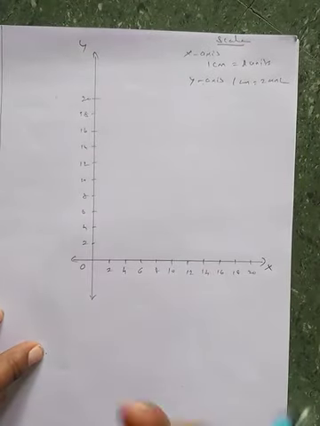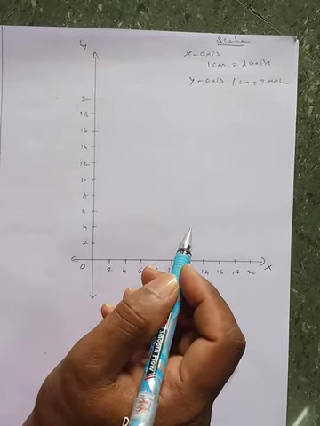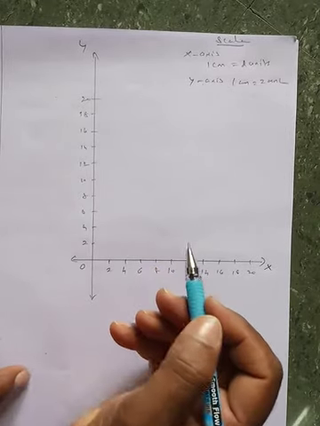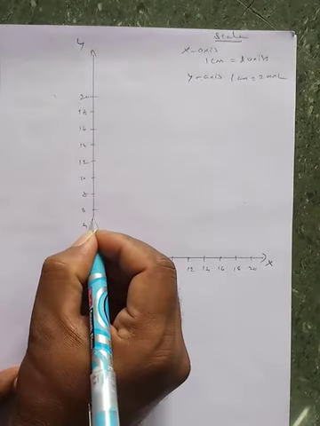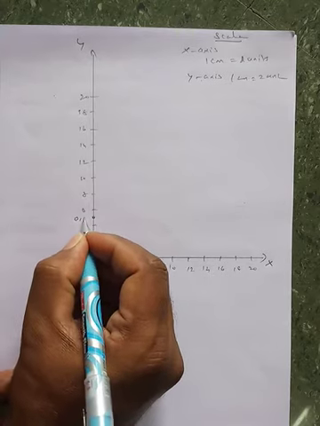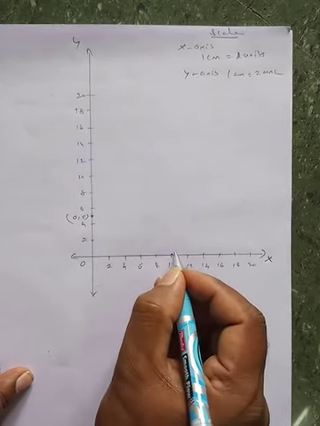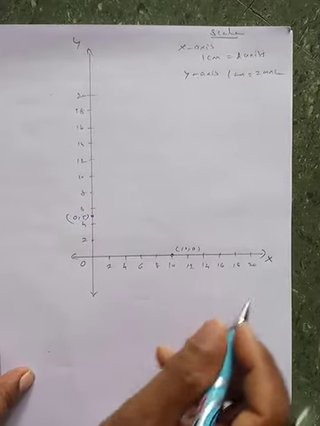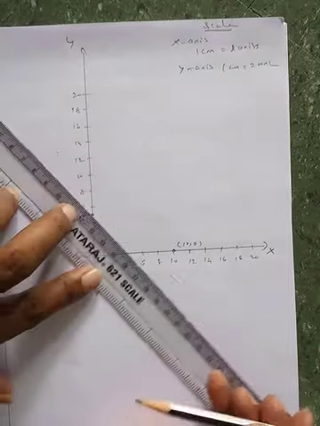First draw the points. First point (0, 5). Next point (10, 0). Now join these 2 points, getting one line.